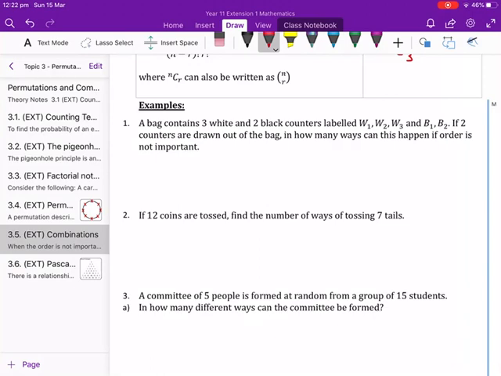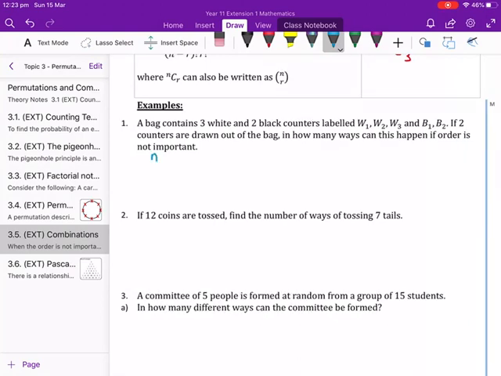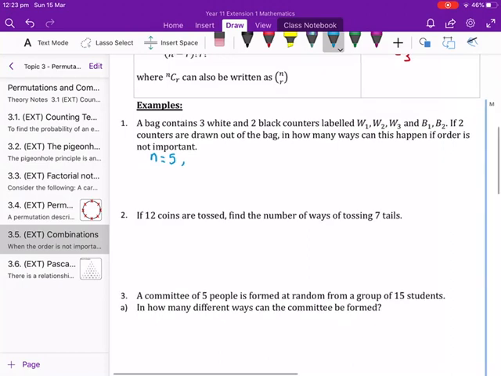So because order is not important, we ask how many things do we have in our bag? So we have 5 counters. So we say n equals 5. Then we ask how many are we picking or choosing? So we are choosing 2 counters to be drawn out of the bag. So we say r equals 2.